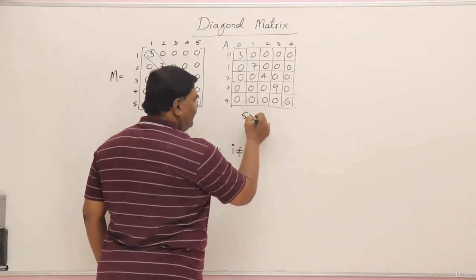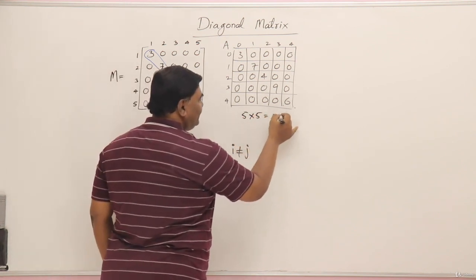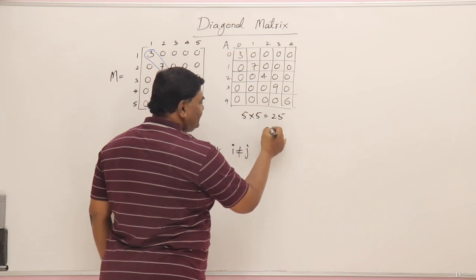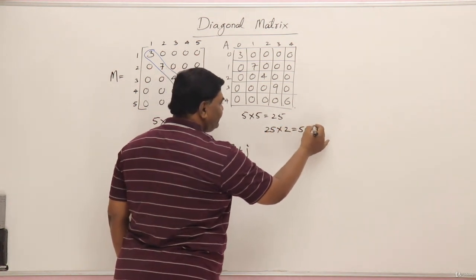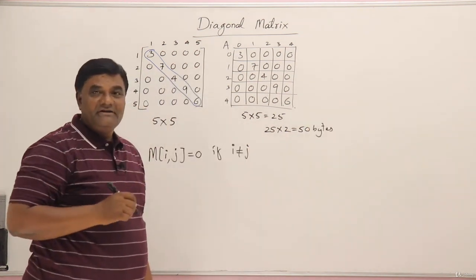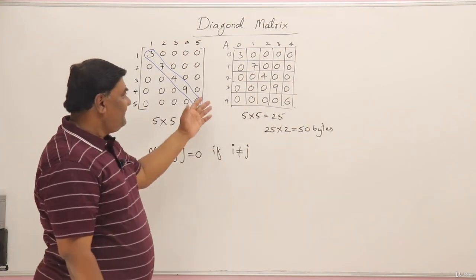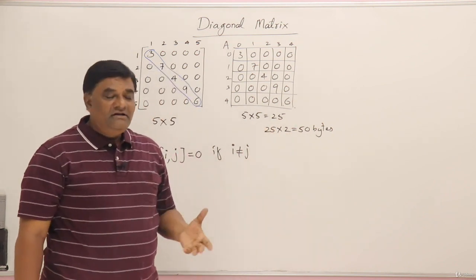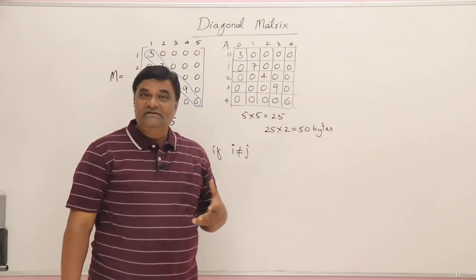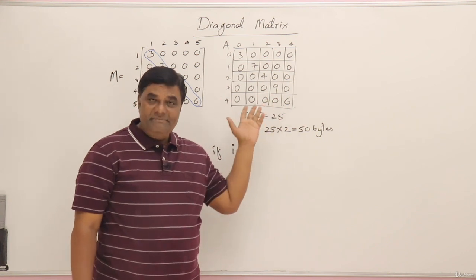There are 5 into 5, that is 25 elements, and each element is taking 2 bytes, so it is taking 50 bytes. If I am storing this in 50 bytes of memory, then storage of 0 elements is unnecessary. So it is wasting space.